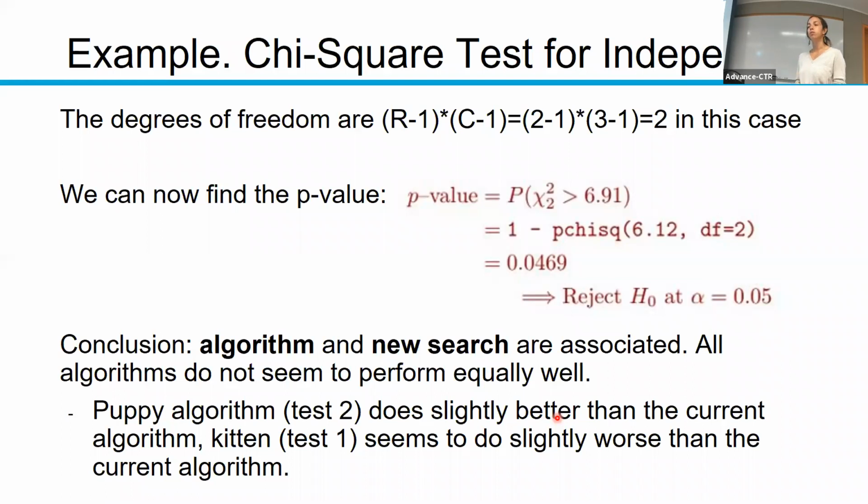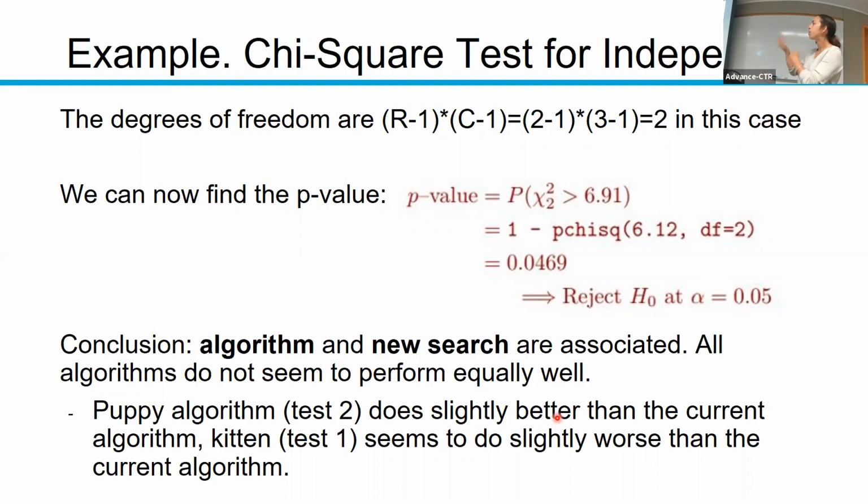This leads us to the conclusion that these 2 variables are in fact associated. The algorithms don't have equal performance when it comes to this user satisfaction variable. Of course, we could have picked other variables as the outcome, but with respect to the one about the new searches, it seems that the algorithms do not perform well.